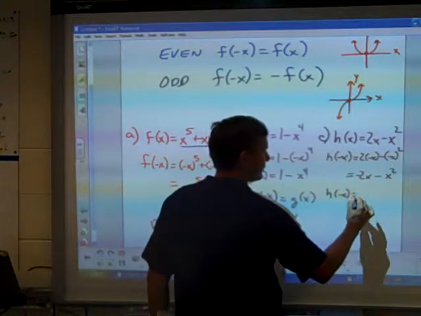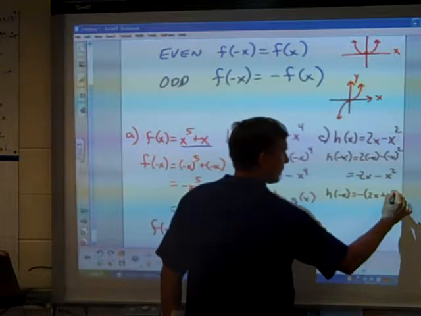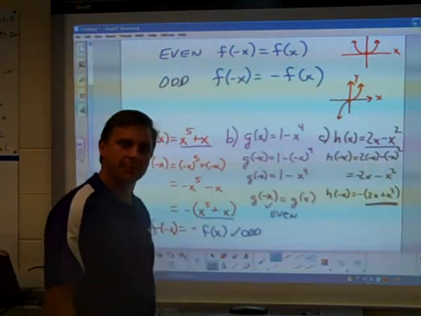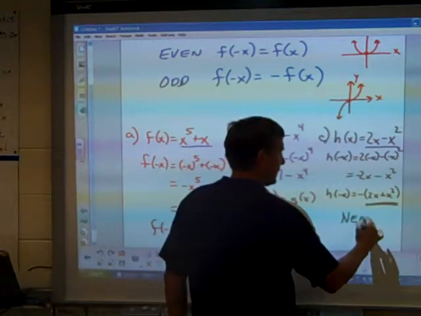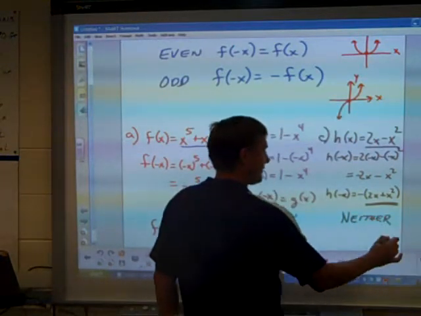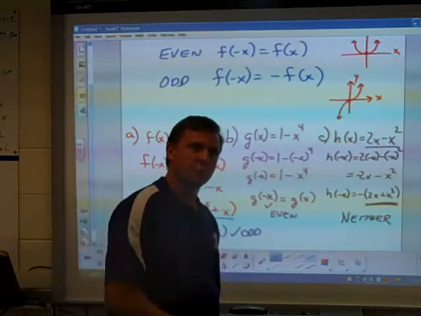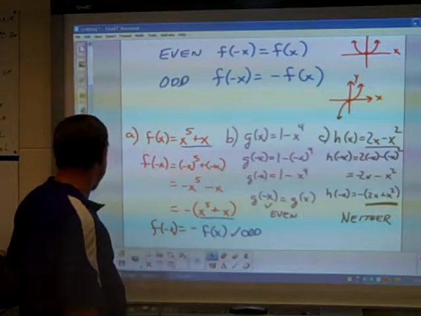When I pull the negative out, I see a negative 2x plus x squared. And I want you to see that this and this are not the same. So guess what? It doesn't work out to one of the two cases. So the third case is neither. I'm going to make a video where we do some range and domain practice and some even and odd practice.